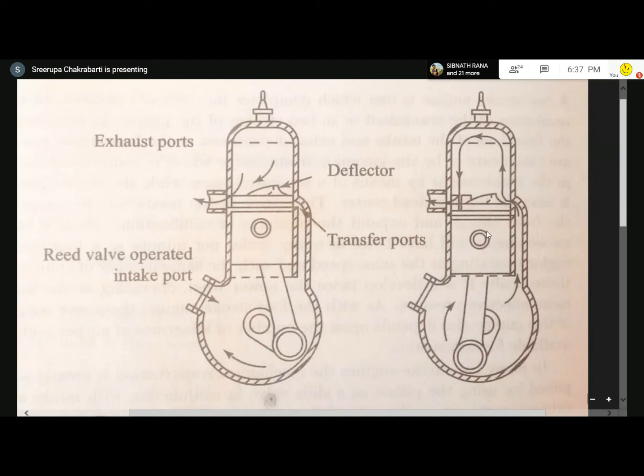In the right hand sketch the piston is also moving down, and this part should be like this. Only thing is that this connecting rod should be slightly lower, and this point should be somewhere here. You understand? Both are basically showing the movement of the piston going down.